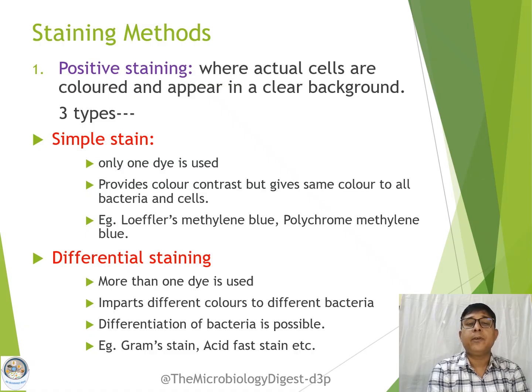Positive staining may be of different types. Number one, simple stain, then differential staining, then special staining. In simple staining, we use only one color or one dye. Here it provides the contrast, and all the organisms present in that smear will take up the same color because we are applying only one color in the simple staining method.